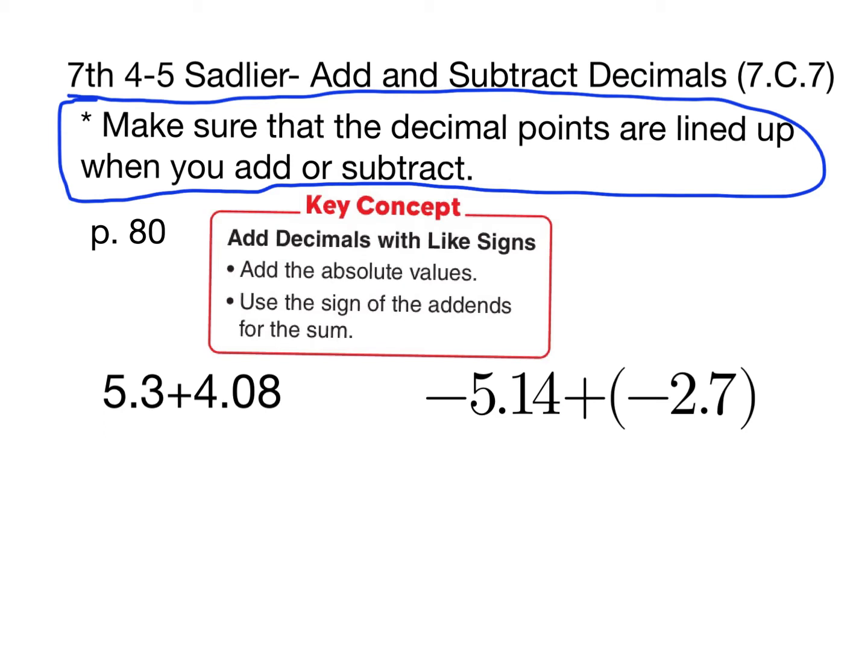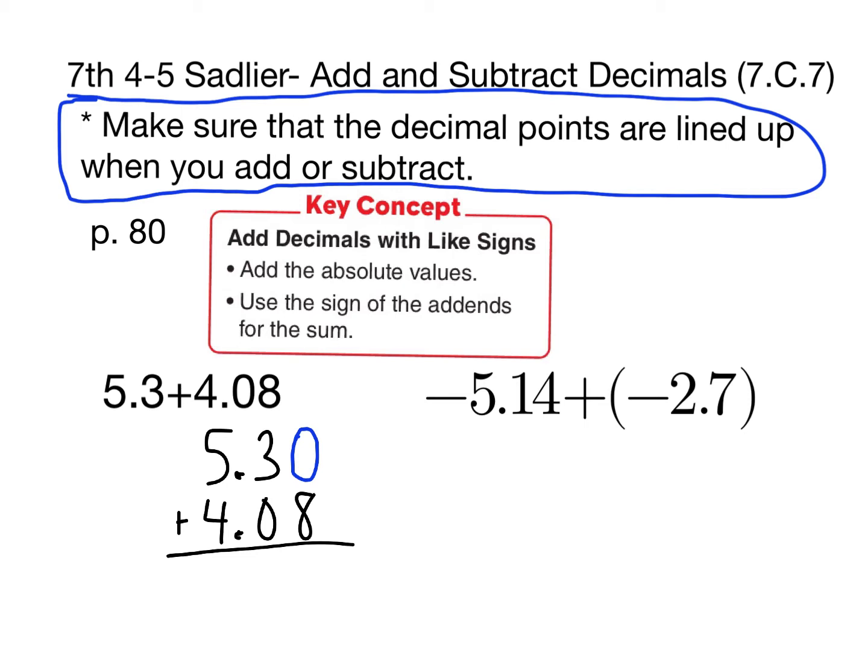So the first thing on this problem, we would want to make sure we line up our decimals anytime we're adding or subtracting. So I lined up my decimal points here. One thing you can do, you don't have to, but you might find it helpful to add a 0 after the 3 so that we have numbers in the hundredths place on both of those before we add them together.